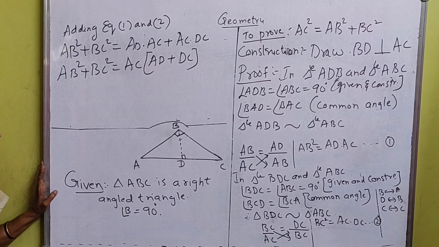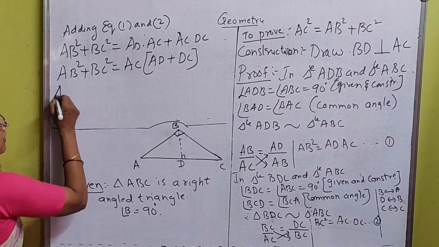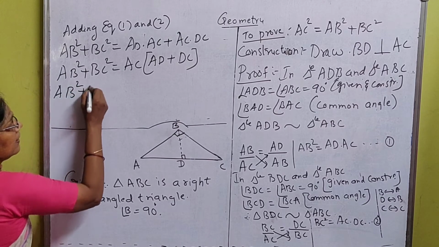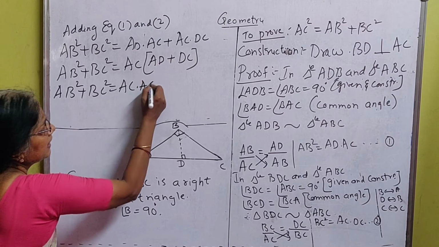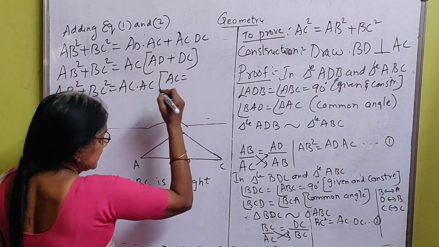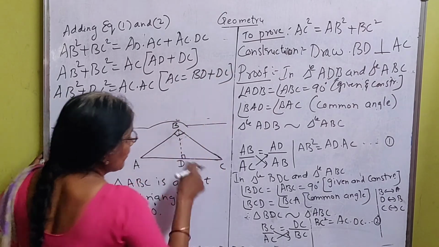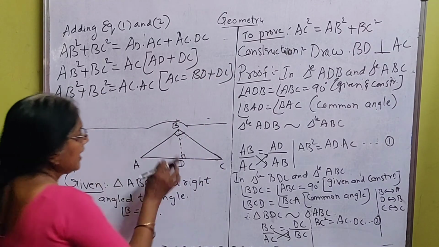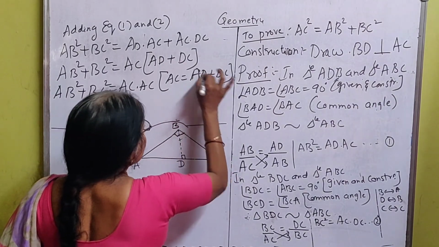So sum of AD and DC is AC. So I can write it down: AB square plus BC square is equal to AC into AC. The reason I am writing this is because from the figure you can see that AC is equal to AD plus DC.